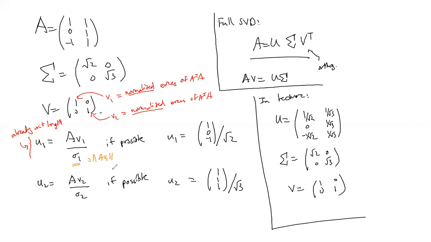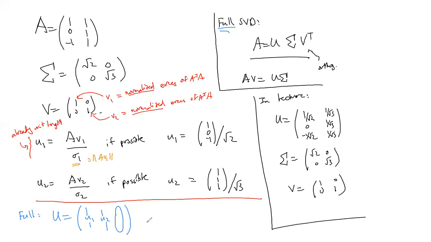Conceptually, what's the difference between partial and full SVD? I'll do full SVD. The difference would be that U has this extra column in it. So we found U1 and U2, and now it has this extra column to make it orthogonal.